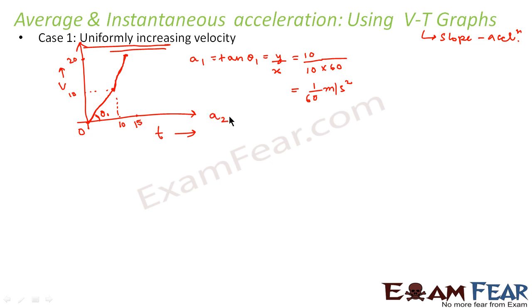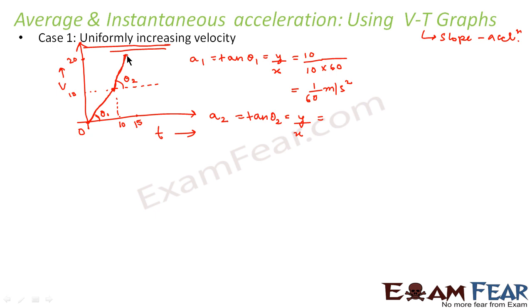Similarly, if we want to find A2, that means the acceleration for this line, we will have to find the slope for this line. Let us suppose this angle is equal to θ2. So A2 will be equal to tan θ2, which is again equal to y by x.